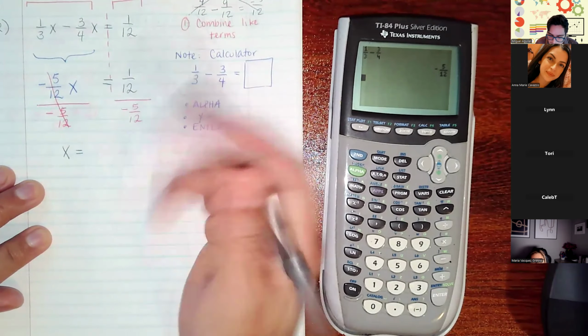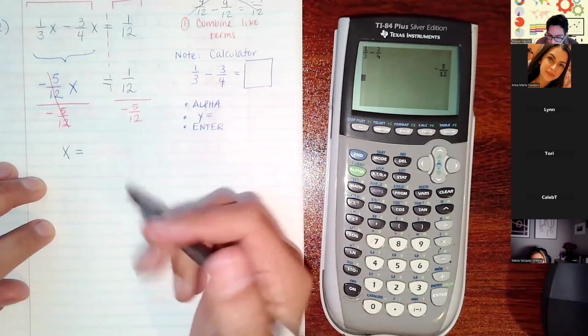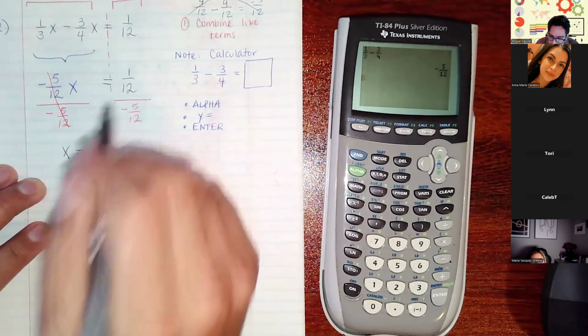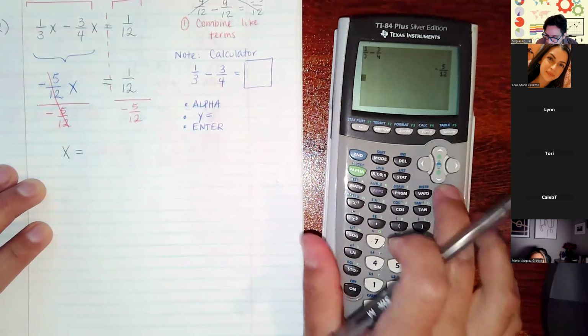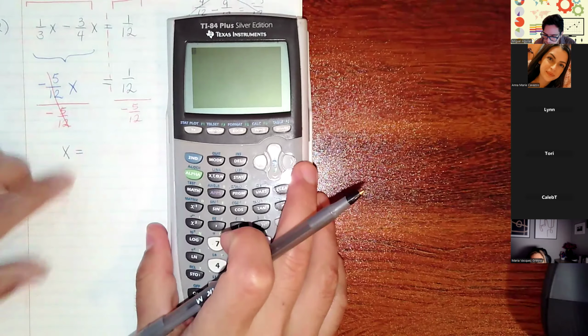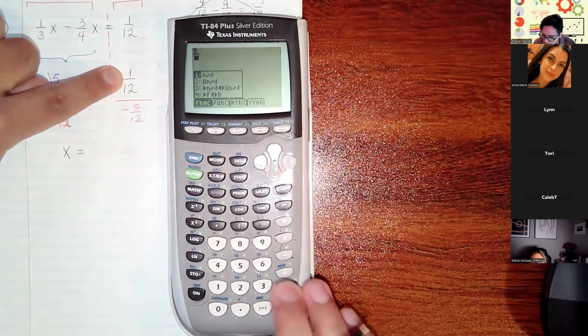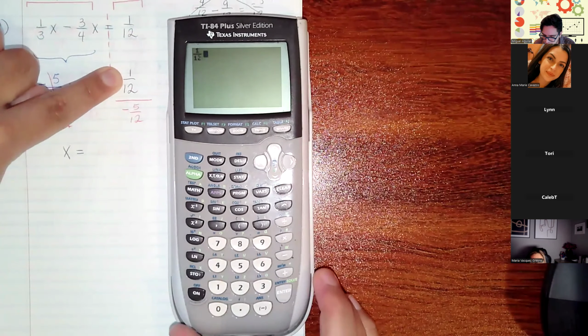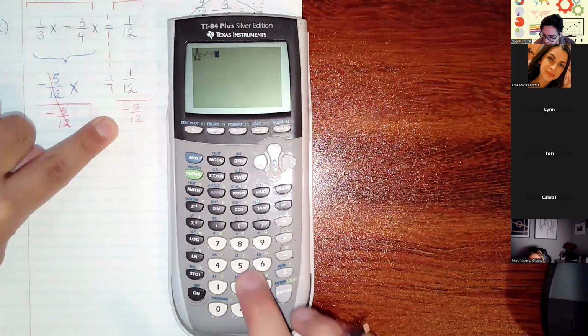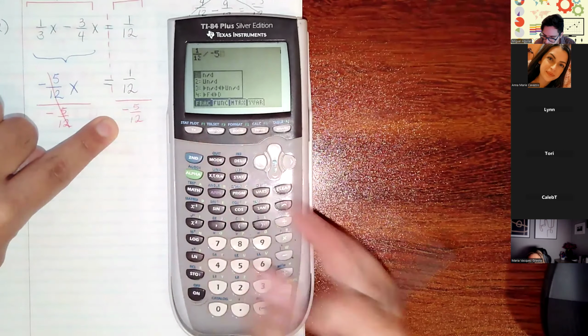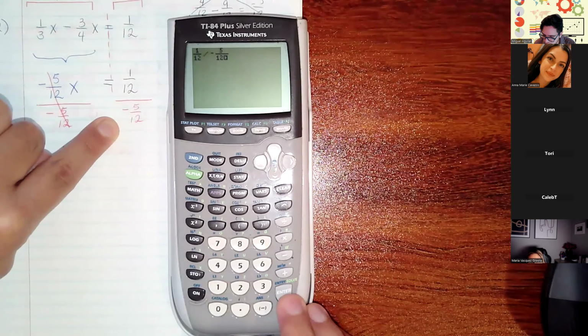But even though you might be rusty on dividing fractions by hand, we don't need to do this by hand. Okay? So I'm going to clear my calculator. I'm going to do 1/12 divided by -5/12.